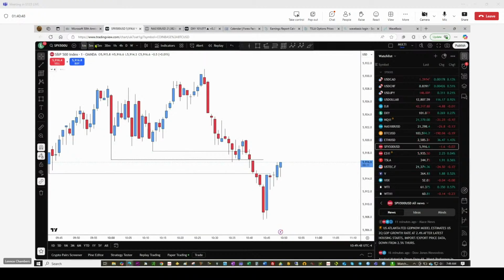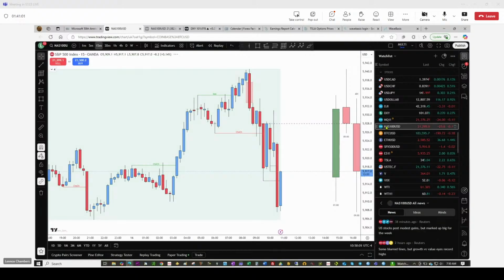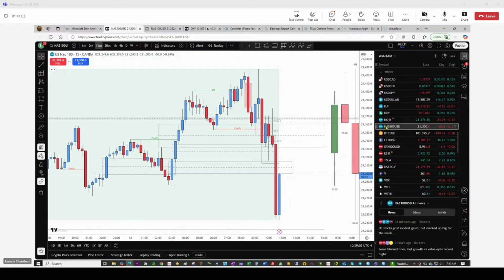See how far down S&P went. So we have divergence with S&P again. So the S&P took out that low, and NASDAQ did not.